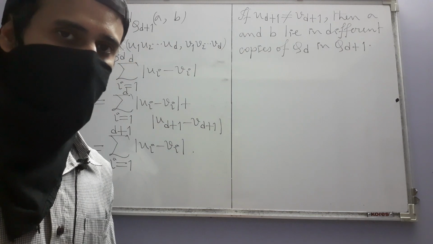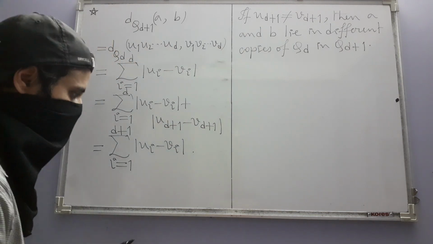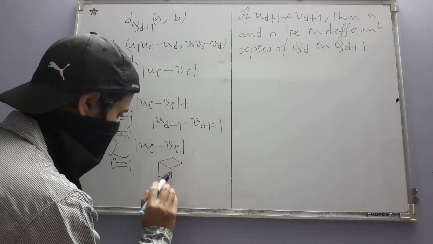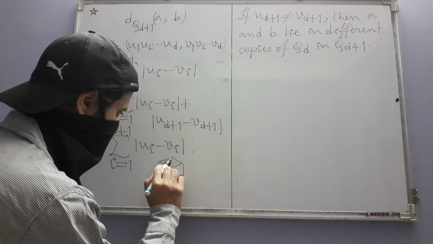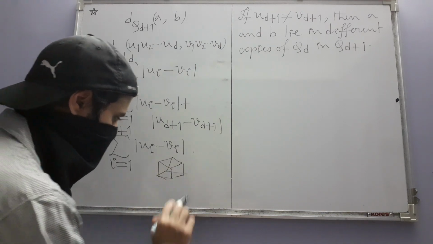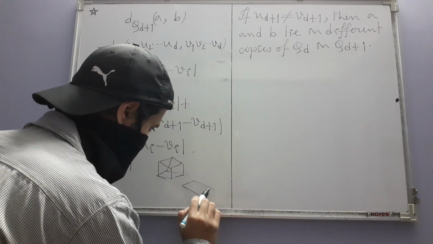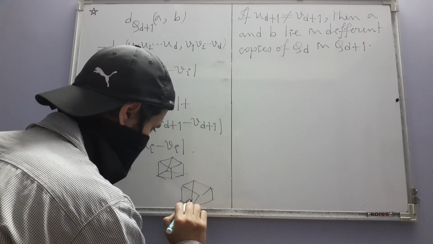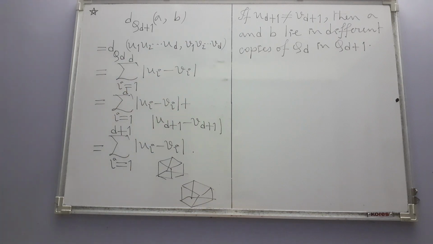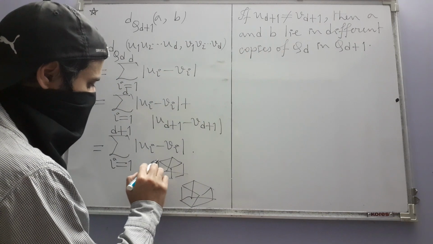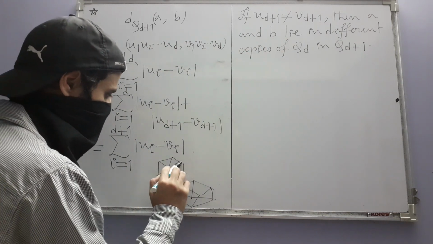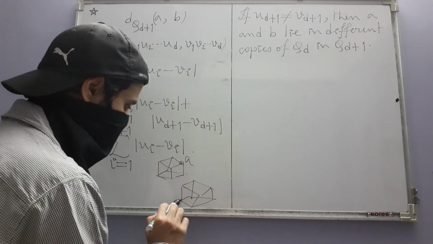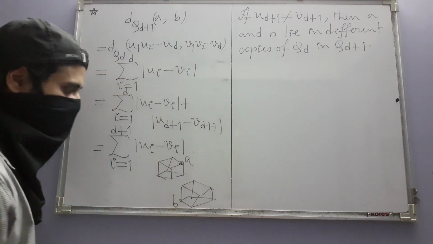Now what do we do? Now think of that little diagram again. You have another box here. Say your A is one of the vertices in the upper box, say this vertex, and B is say any other vertex in the lower box.